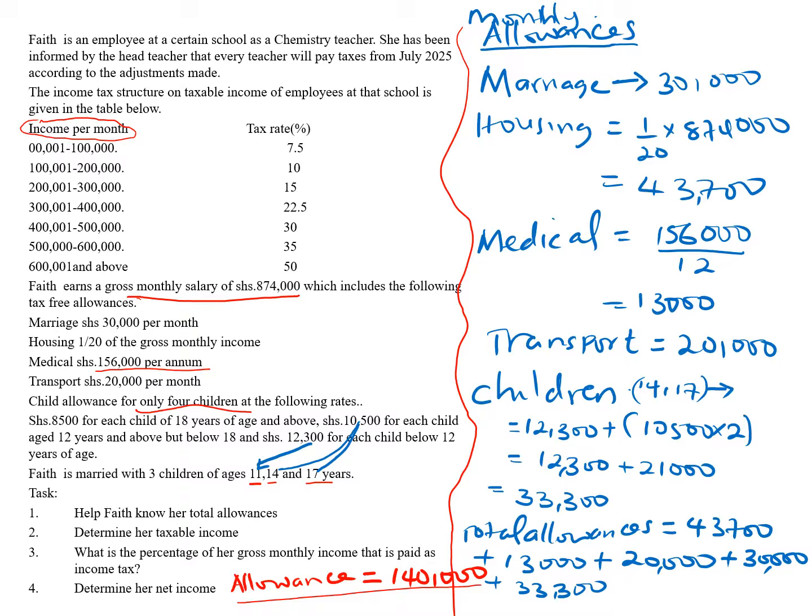But remember, we need now to find the taxable income, and the taxable income is equal to gross income minus allowances. But now that I have my allowances as this, I can now find the taxable income.